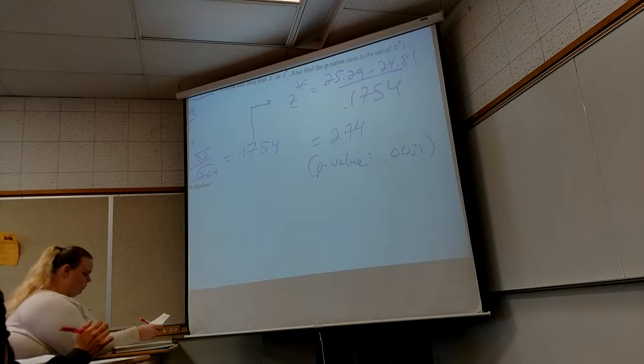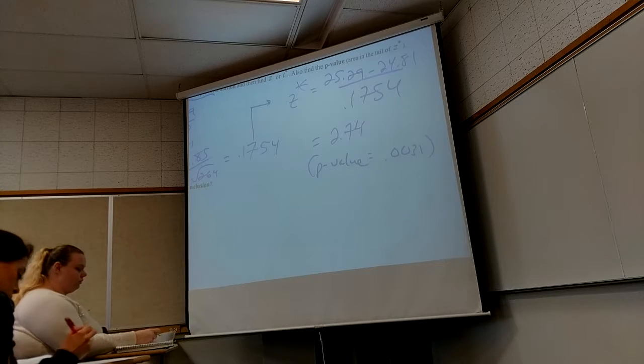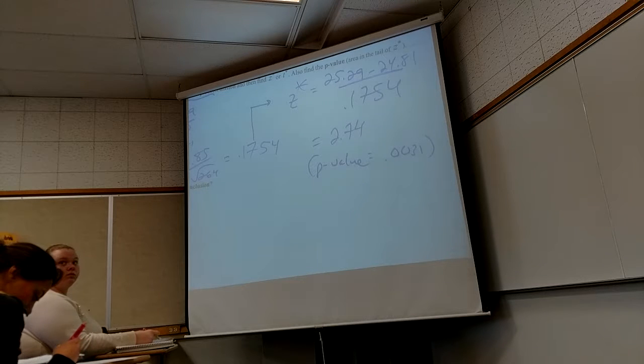I really want you to understand this. Assuming the middle is 24.81, the chances that we would get a sample like this are 0.31%, roughly. So what's more likely? That's just random chance. The 0.31% thing happened, or that the middle is in the wrong place. What's more likely is the middle's in the wrong place.